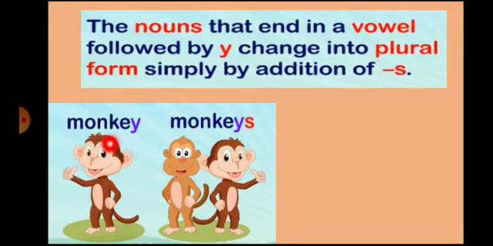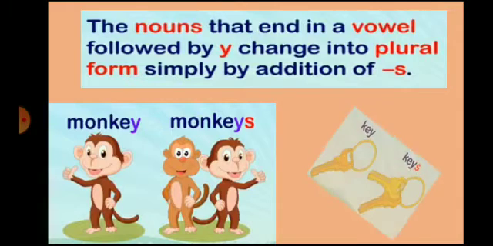Can you see here, monkey? So what is there at the end of the word? Y, monkey, and before Y there is a vowel. So if there is a vowel before Y, we will not cancel Y, we will just add S to make its plural. So it becomes one monkey, two monkeys.